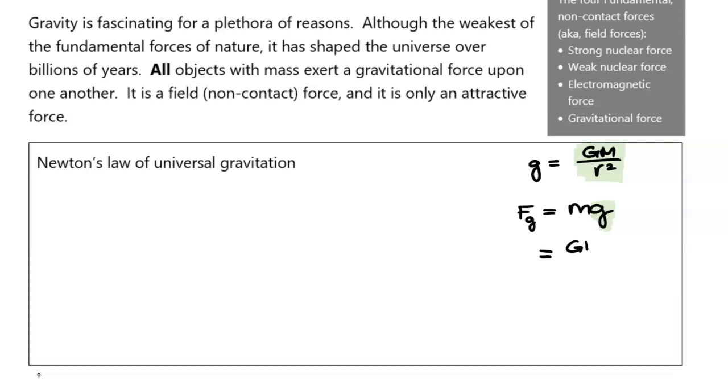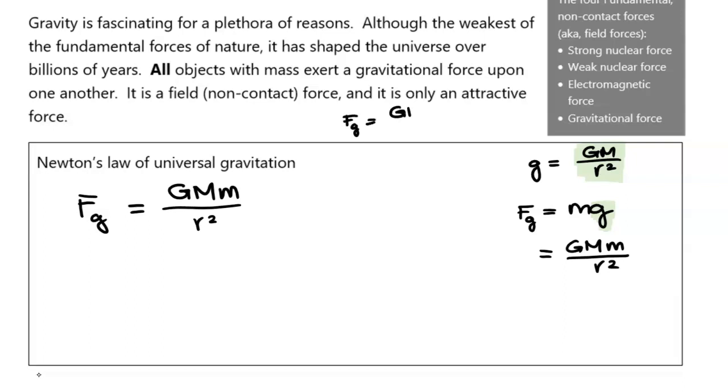So we could put that together as GMm on r squared. And that's in fact Newton's universal law of gravitation. G big M little m on r squared. Some versions of this will represent it as F subscript g equals G m1 m2 on r squared, and sometimes the G is written at the front. All of these representations mean the same thing.